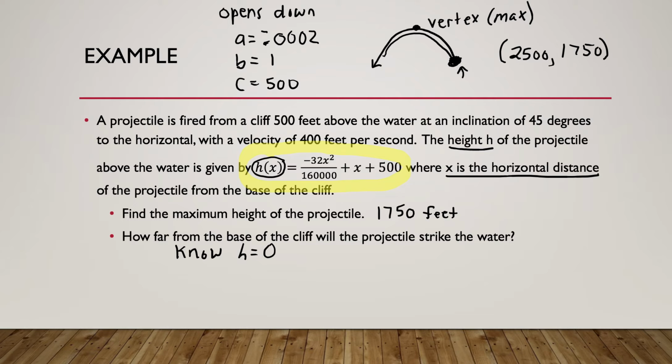So let's take that and see if we can work out this problem. So what I'm going to do is take my function, and in place of the h, which is on the left-hand side, I'm going to put a 0. Now again, I'm going to take that negative 32 over 160,000, and I'm going to put it in as a decimal just because it's a little easier to work with.